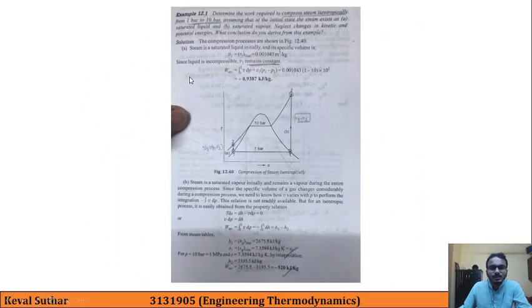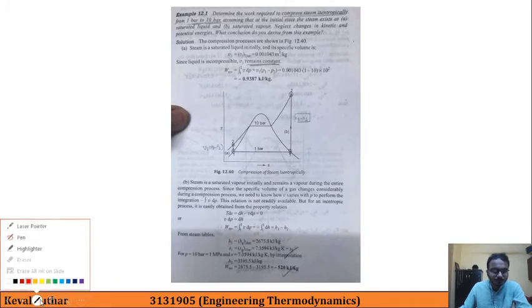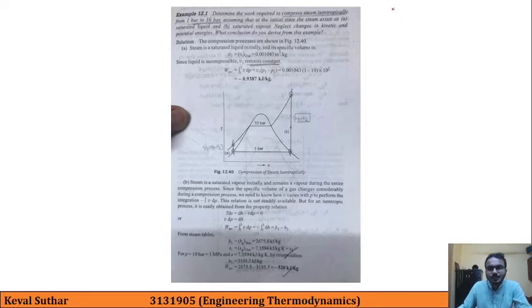So our objective is to calculate W for going from P1 equal to 1 bar to P2 equal to 10 bar. That is our objective.